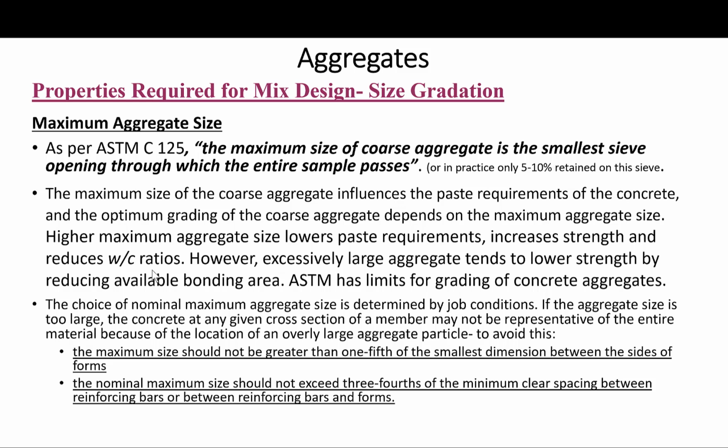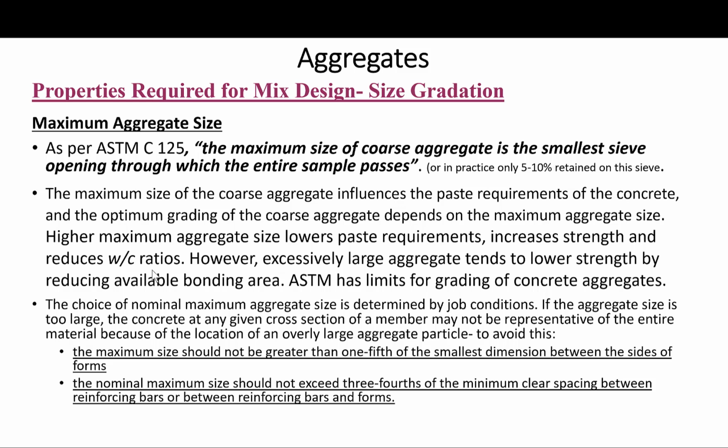Basically, you might end up with just aggregate in certain cross-sections, as I will explain in a minute. So to guard against this possibility, the maximum size should not be greater than one-fifth of the smallest dimension between the sides of the form.